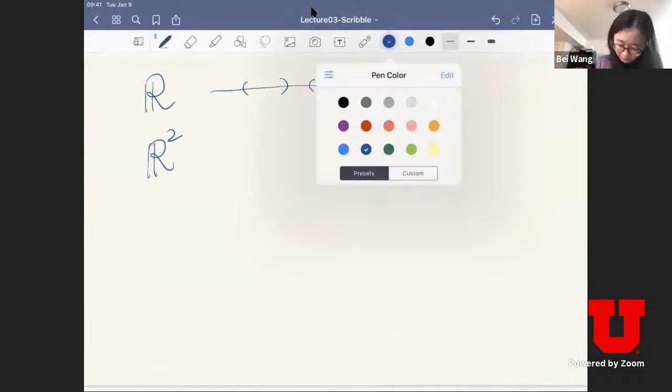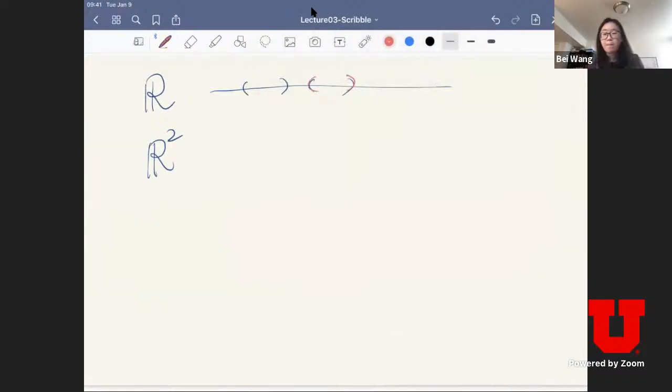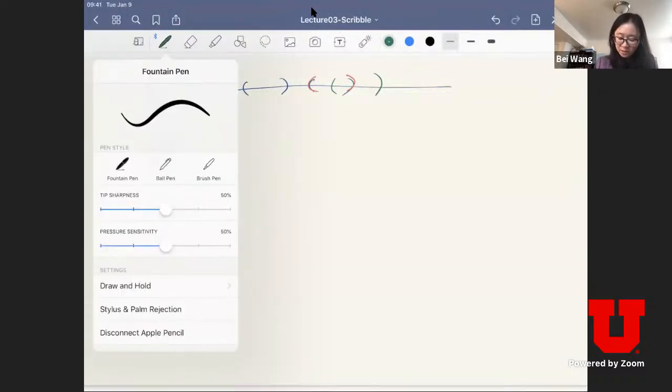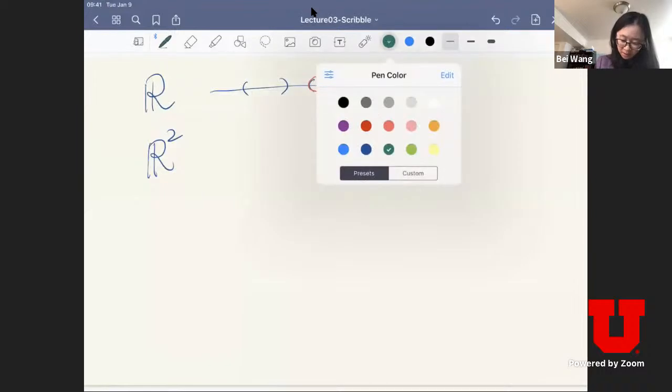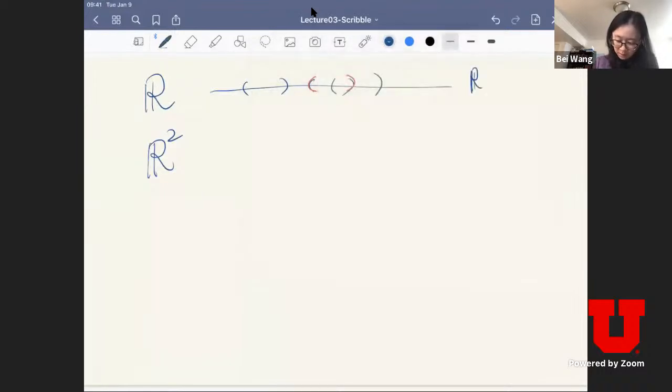So let me just use a different color to correspond to a different interval. All right. So if I take, for example, the red interval, again, I am talking about open intervals. If I take the red interval and the green interval, the union is again an open interval, which is also part of this topological space. So in a way, think about the topological space R. What is my corresponding X?